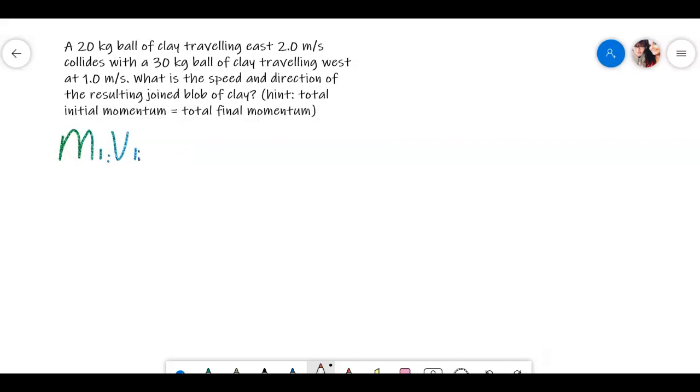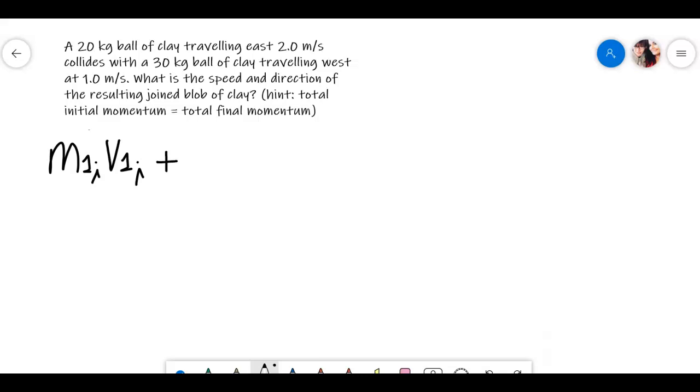This is just telling us that that's the starting velocity and the starting mass.